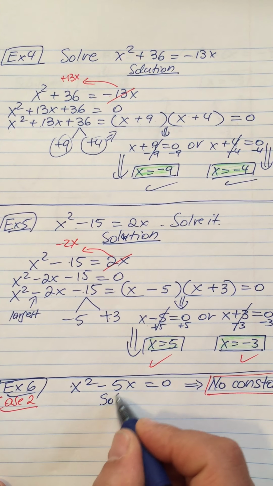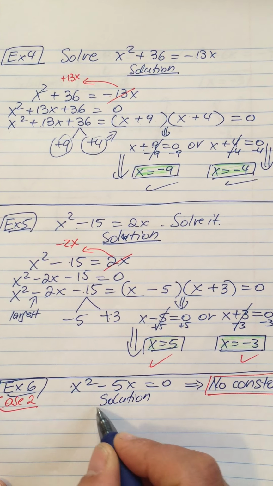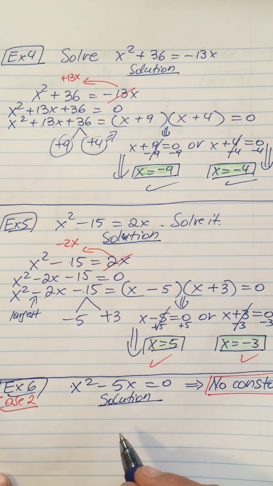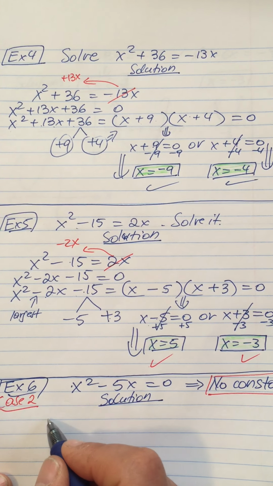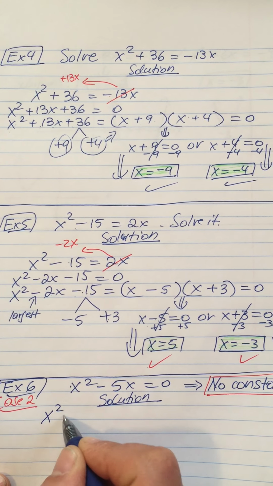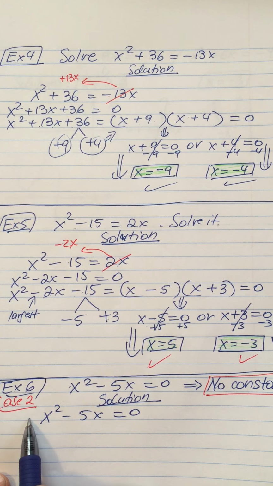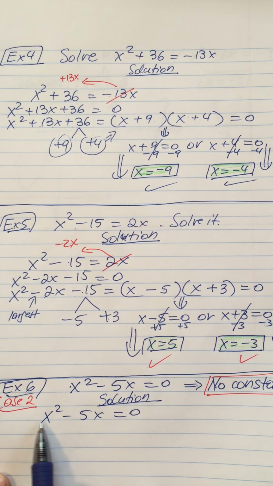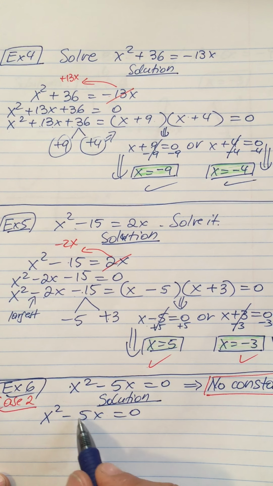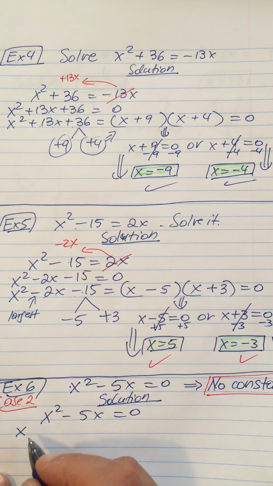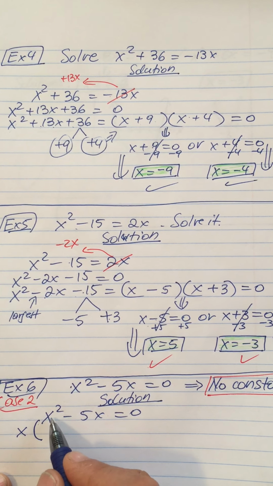Okay, so let me solve this. Since I don't have a constant, the factorization is very easy. So I want to solve x squared minus 5x equal to 0. Both terms are in the same sign, and this is very good. No constant, it doesn't matter. Better for us. So what do they have in common? They have x in common. So I factor out x, open parenthesis, what is left?